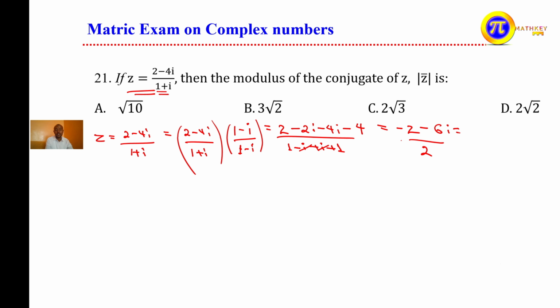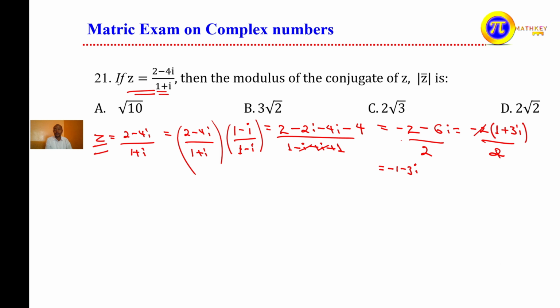What remains is negative 2 into 1 plus 3i, divided by 2. We cancel the numerator and denominator by 2. What remains is negative 1 minus 3i. This is the value of z.